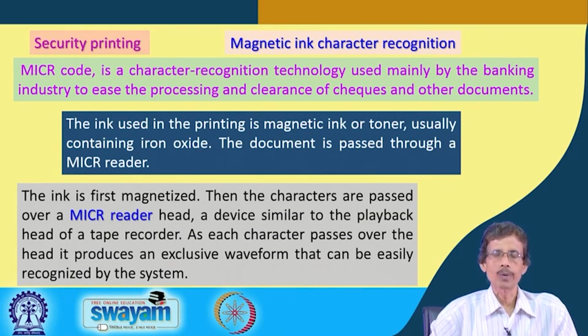Each character, when it passes over the head, produces an exclusive waveform, a magnetic signal that can be easily recognized by the reader. So the MICR reader can identify the check in terms of its number, its originality, the bank name and the branch.